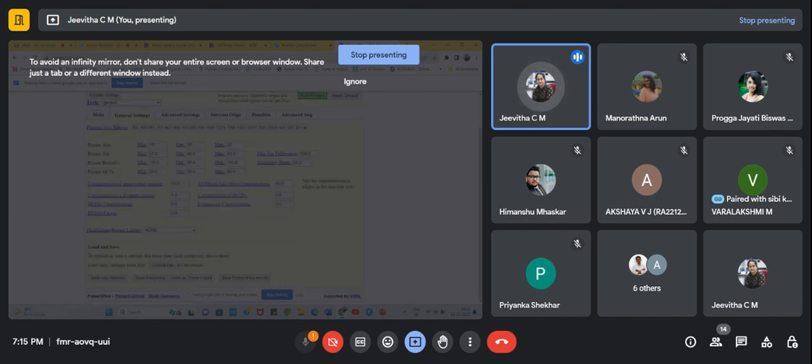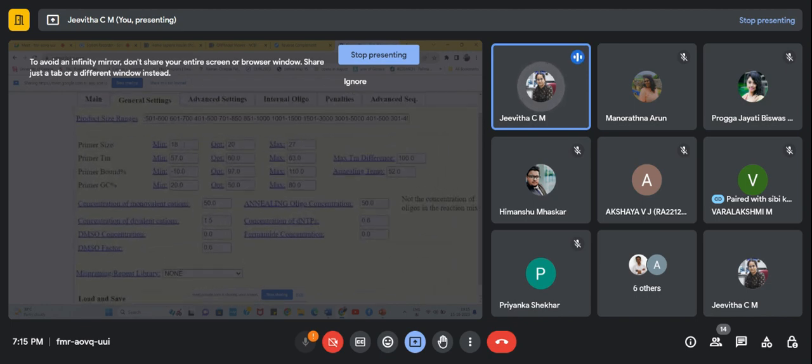So we are asking it to design primers on both sides, and we can also go to general settings and check the product size. Here the product size range differs, and these are constant things the software has. We can also look at the primer size, which is a minimum of 18 base pairs in length and a maximum of 27.